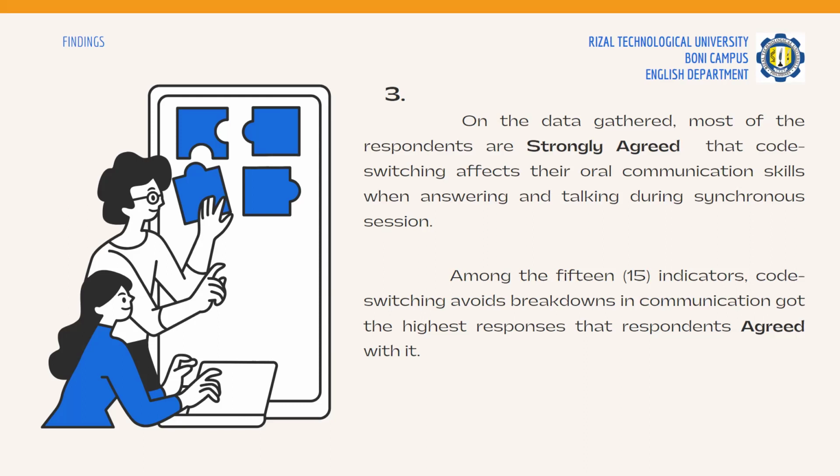This helps them to explain and give their ideas much clearer to the class without the need of breaking it down to fully understand their point. Therefore, this clarifies that this type of code switching actually helps their oral communication skills during synchronous class.